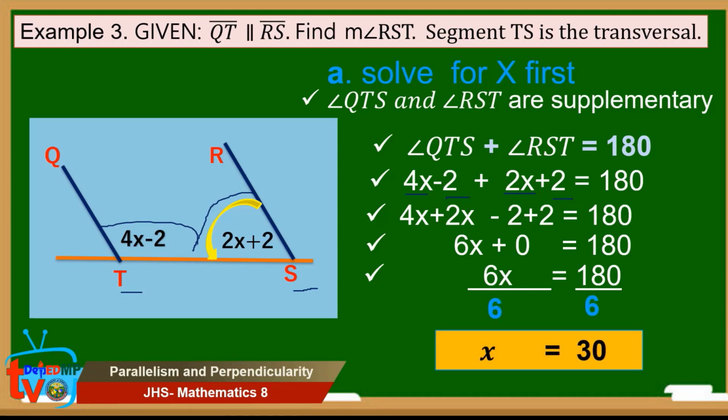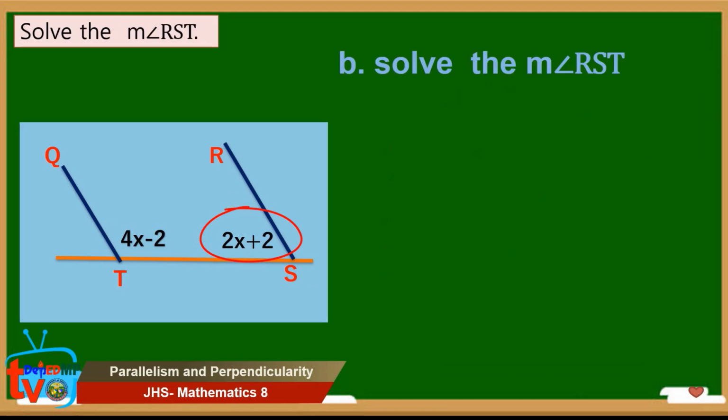Since we already know the value of x, we are now ready to solve the measure of the unknown angle, which is angle RST. The measure of angle RST is represented by the expression 2x plus 2. Simply substitute the value of x, which is 30 degrees.